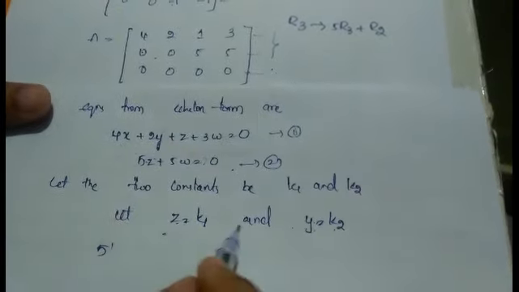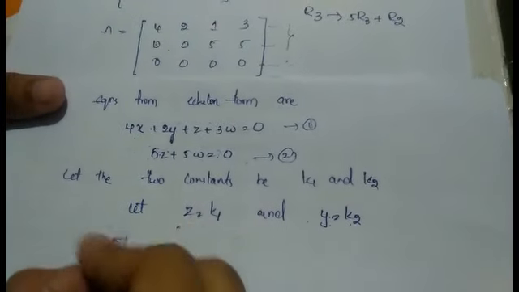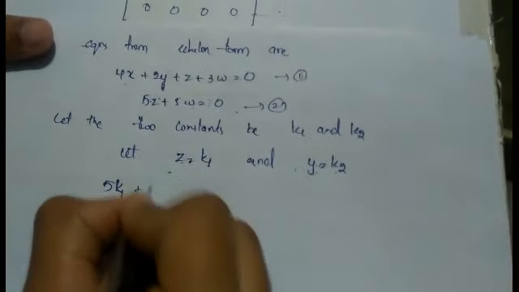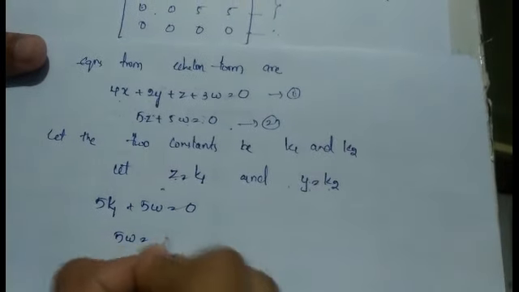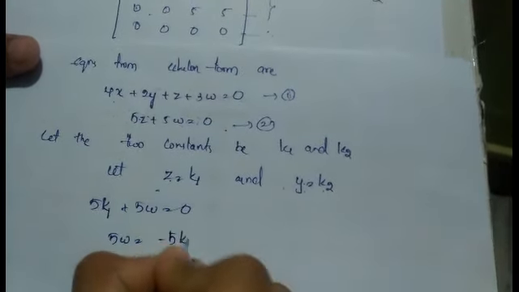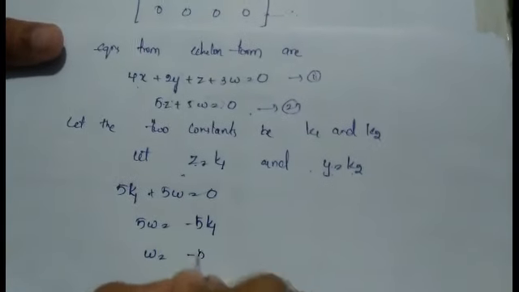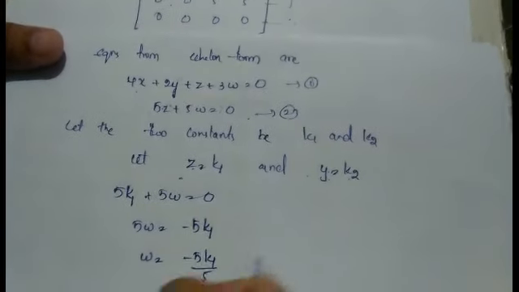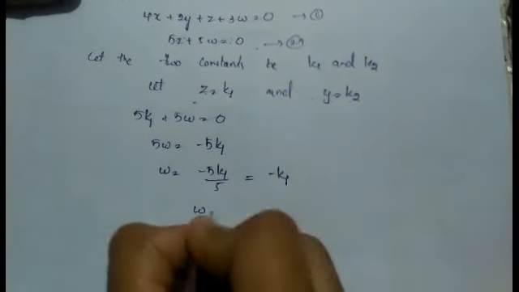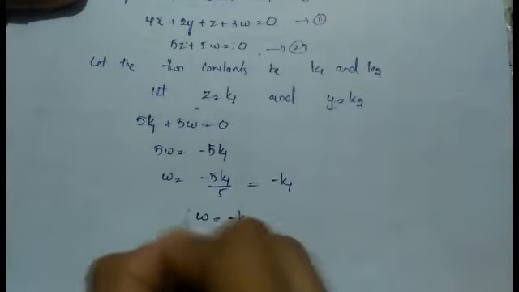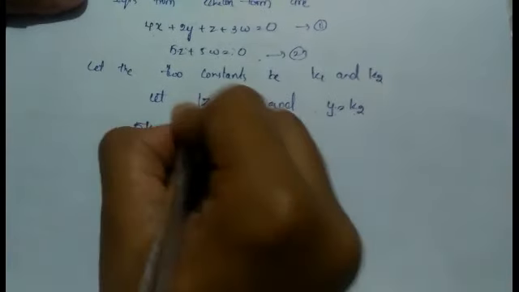Now if I substitute this value in equation 2, we get 5k1 plus 5w equal to 0, and 5w equals minus 5k1, then w equals minus 5k1 by 5, that is equal to minus k1. So we got the value of w as minus k1, and z equals k1 and y equals k2.